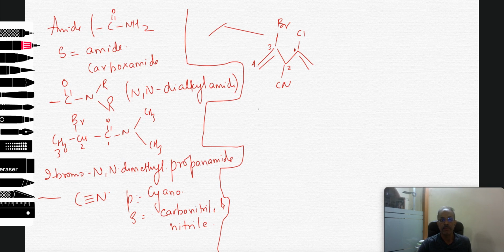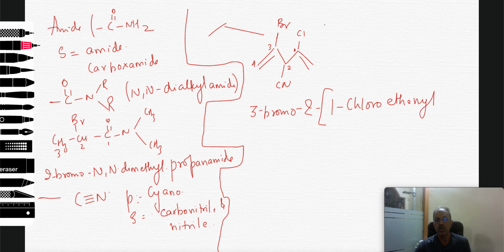Okay, so it will be 3-bromo-2-(1-chloroethenyl).